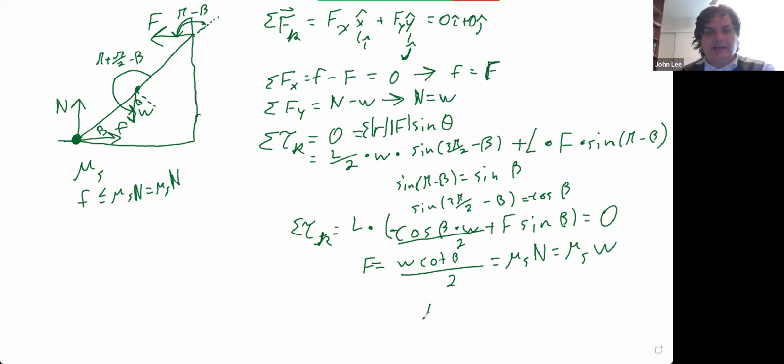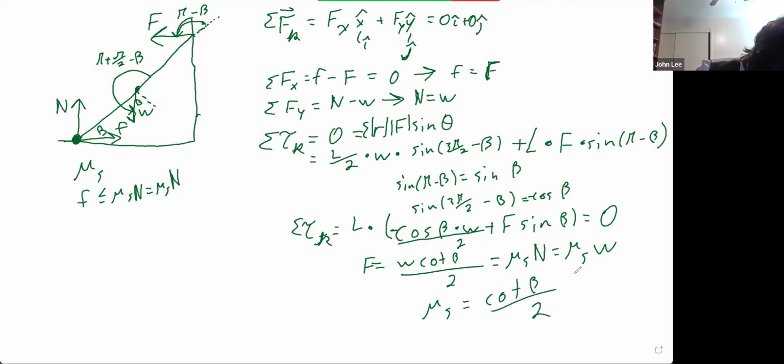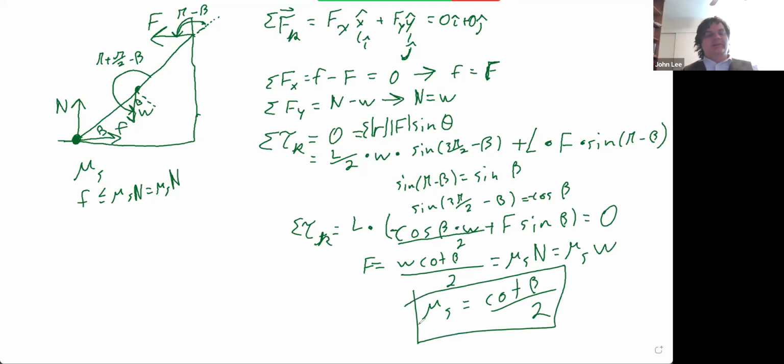So mu s is going to be equal to cotangent of beta over 2. And then, yeah, I think that checks out. That's not exactly what they solved for in the book, but we were trying to solve for mu s, and we did solve for mu s.